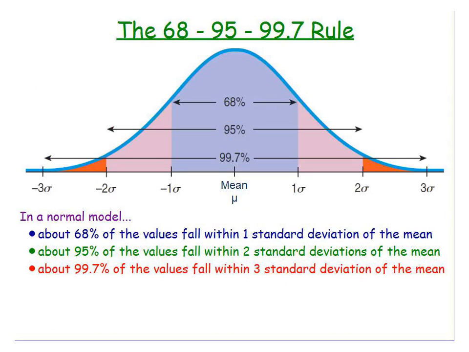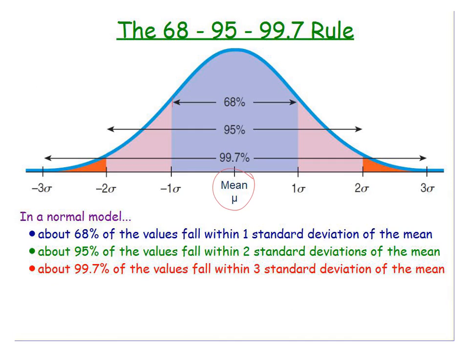The first type of problems we're going to focus on with the normal model refers to the 68, 95, 99.7 rule. And what that rule says is in a normal model, 68% of the data fall within one standard deviation of the mean. So your mean is in the very center, as we know.